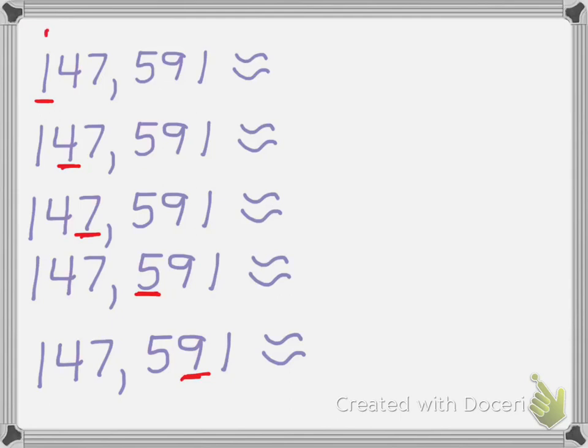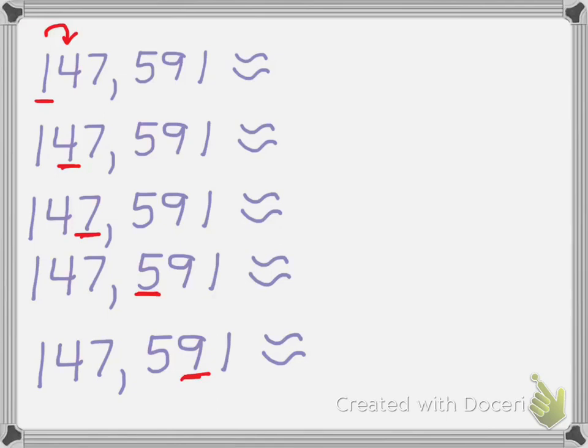We look to the right of the digit that we're rounding, and it's a 4. 5 or above, give the digit that I'm rounding a shove up to the next number. If it's 4 or below, a 4, 3, 2, or 1, we're going to keep it down low.